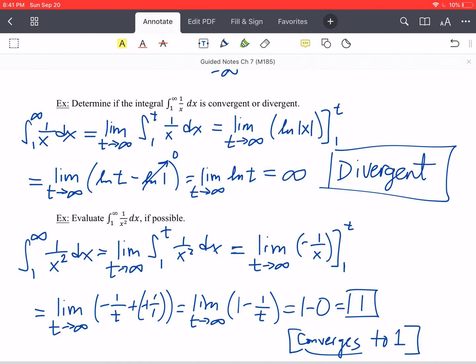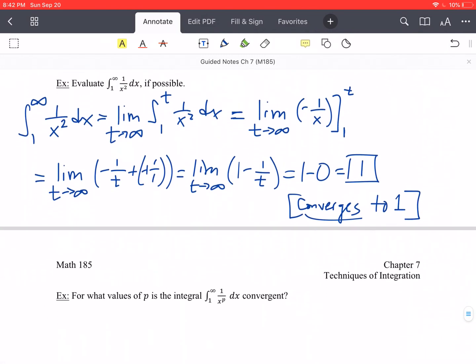The exact area under this curve from 1 to infinity is actually 1. It's an interesting concept: the area extends infinitely far, but if you let it go towards infinity, the area will give you 1.